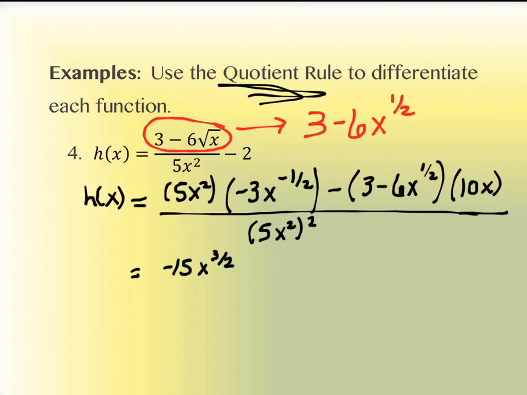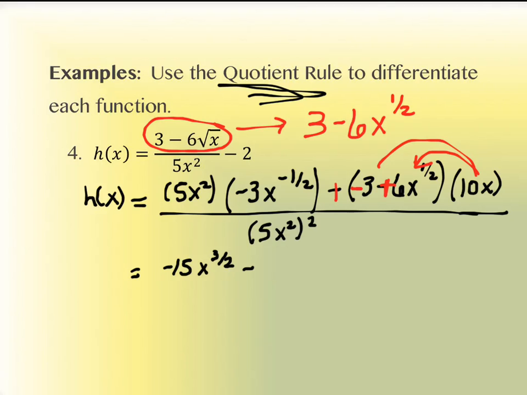I do have to legitimately distribute though on the second one because I have a binomial 3 minus 6x squared. So this will actually be distributed. And this negative is going to distribute through here as well. So this is actually going to change this to a negative and this to a positive when I distribute this negative through. So the first sign is actually going to be negative.